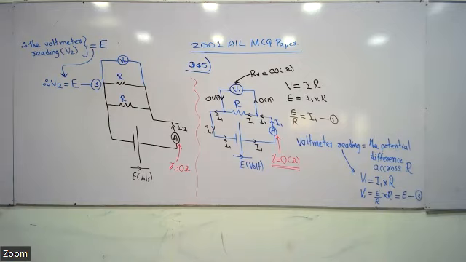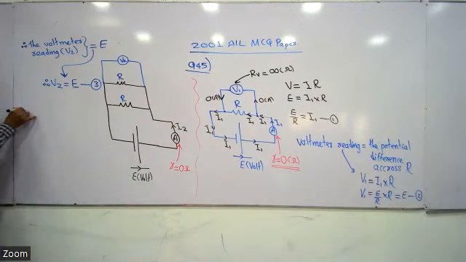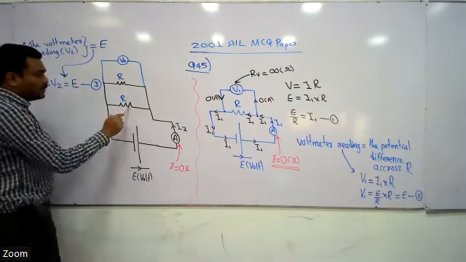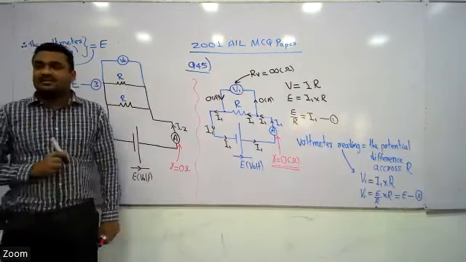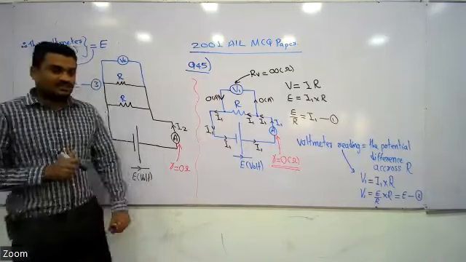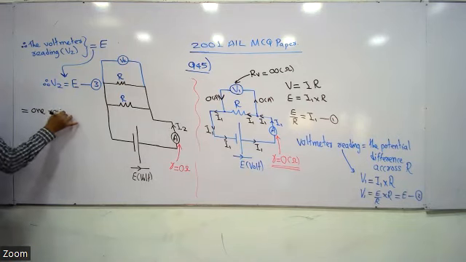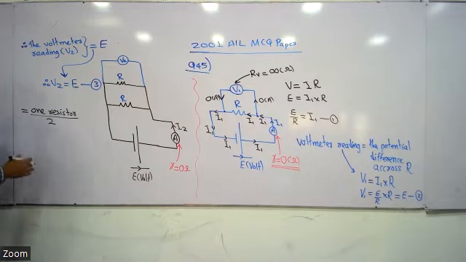Therefore, the equivalent resistance equals, look at the board here. How do we find the equivalent resistance here? When two equal resistors are connected in parallel, what is the equivalent resistance? One resistor divided by 2, or half into one resistor.